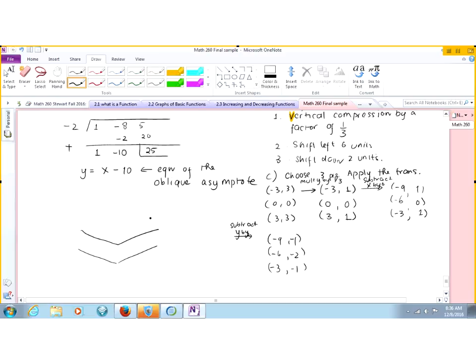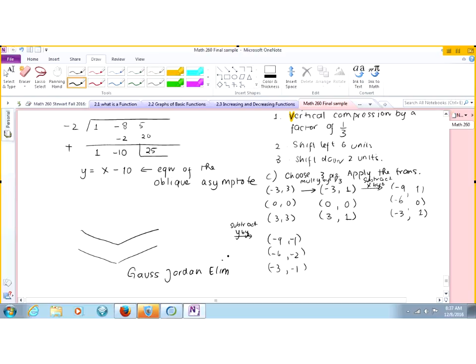So let's look at the chapter 4 sample. We have 12 minutes. Which one do you want to go over actually? Do you still remember how to do the Gauss-Jordan elimination? So let me write down Gauss-Jordan elimination. You have to change the matrix to row echelon form, remember?